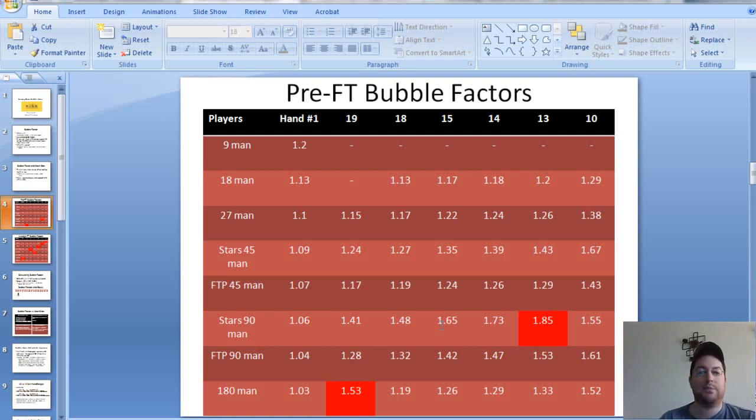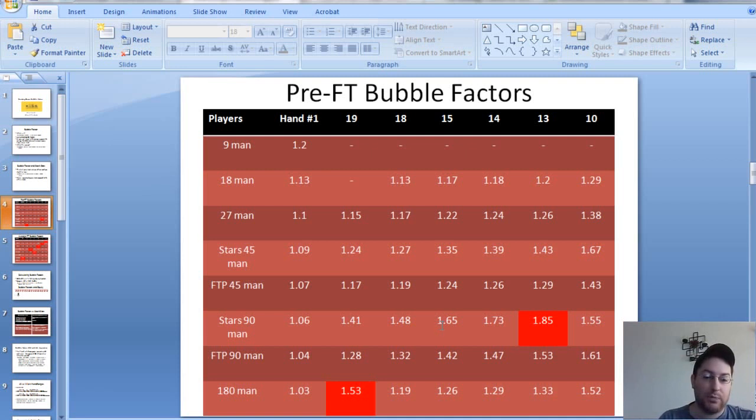How important is that next pay jump? The more important a pay jump is, like for example in a bubble, you go from making $0 to making whatever that next pay jump is. The steeper that pay jump, the more you have to essentially risk or lose to get to that next spot. The more important it is to get to that next spot. So your bubble factor will reflect that.